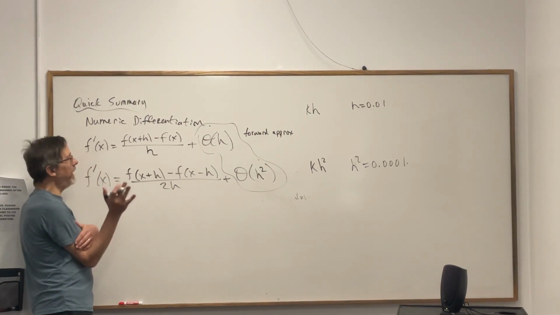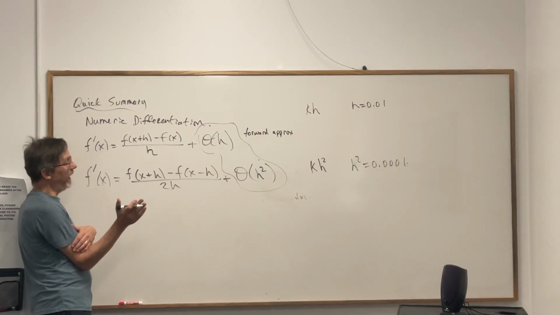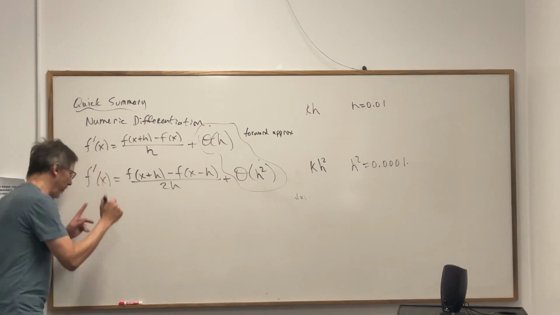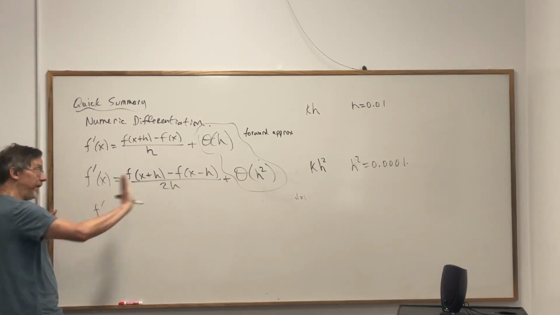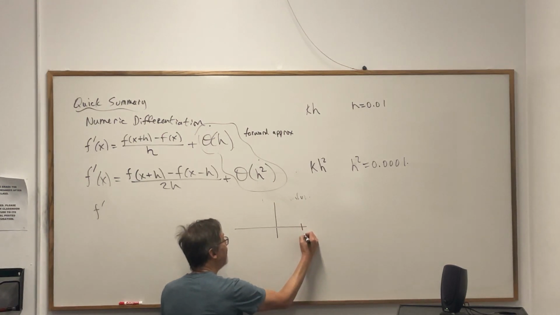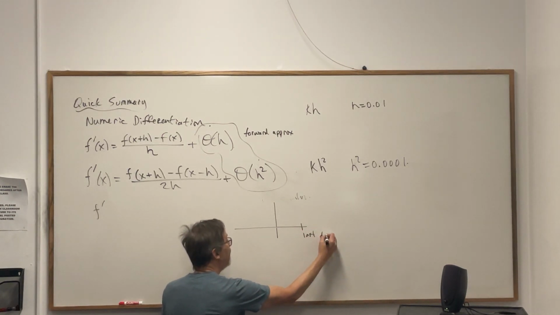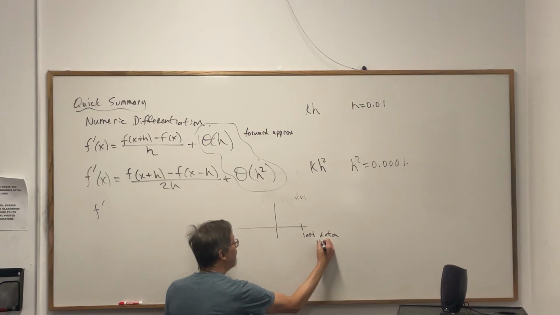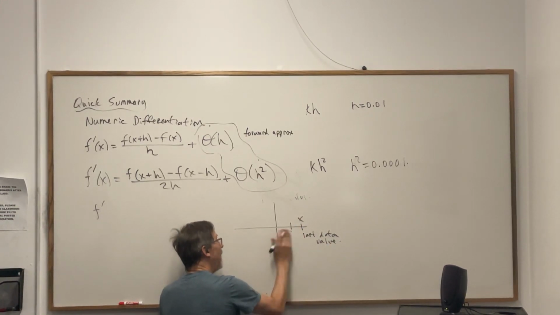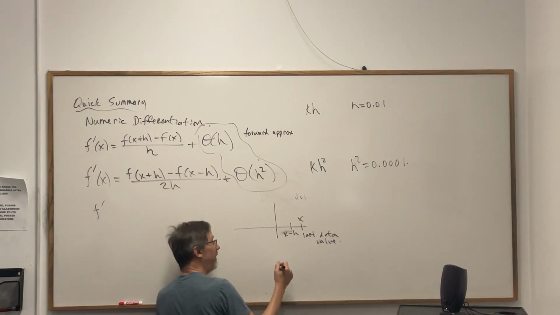Before we go on to the stuff today, I want to talk about how we could use these. Oh, let me put one more up here. This is if I'm at the end of my data set. So here's my data set, this is the last data point, and we'll call it x. Then in front of that would be x minus some difference, h.